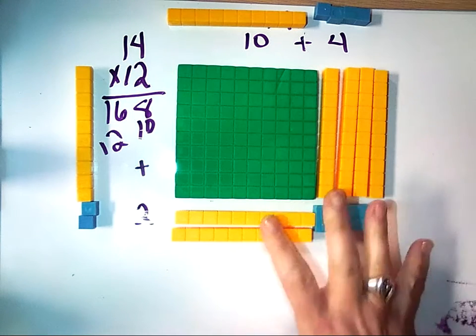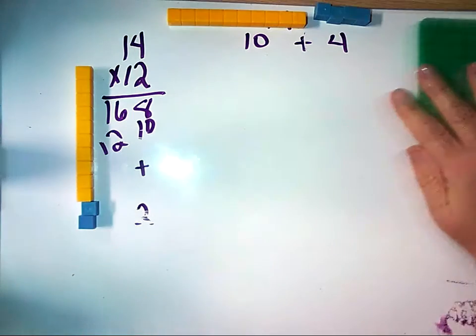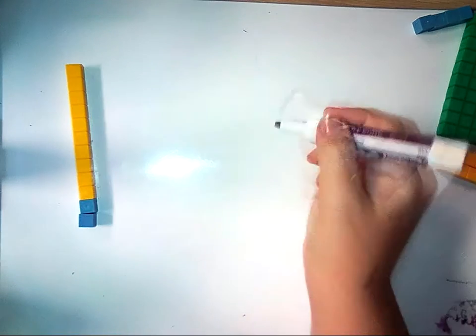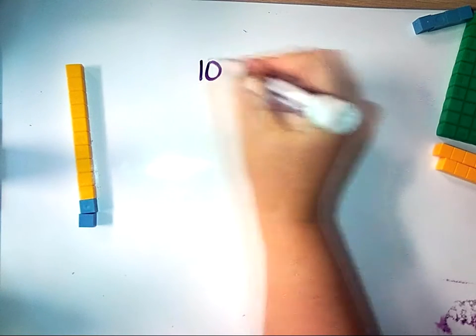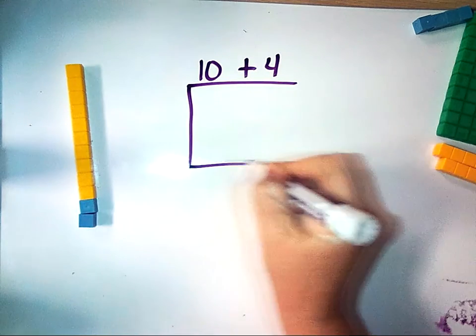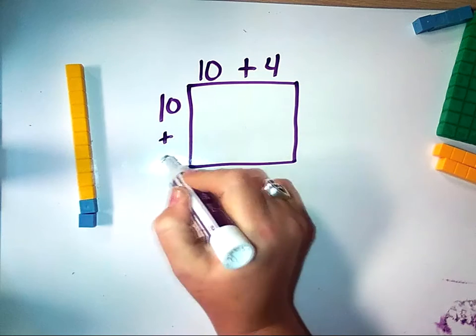So when we do that with an area model, just so you know, even though it's not a base 10 block, I'll show you that. We do the same thing. We say 10 plus 4, 10 plus 2.